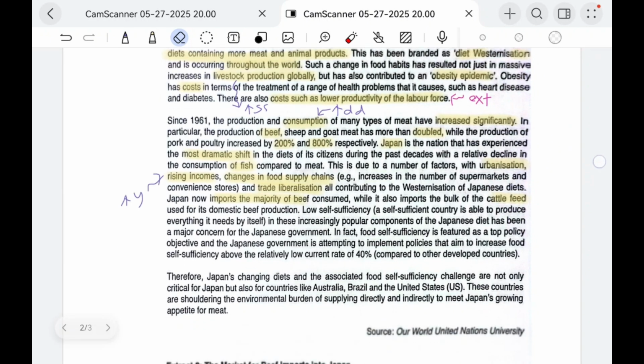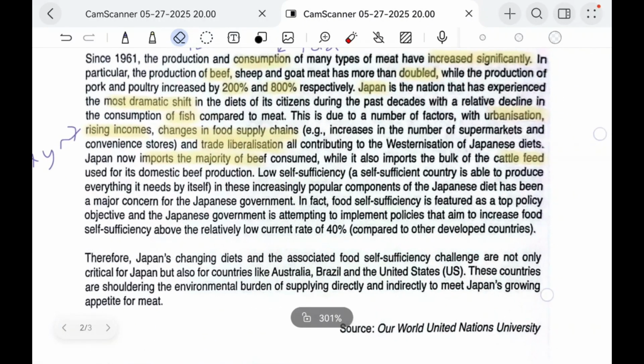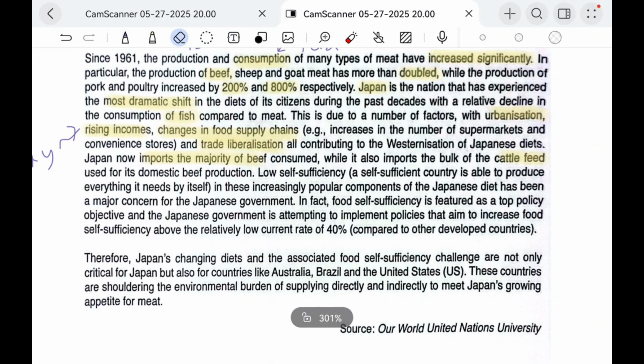Okay. Then the last paragraph: "Therefore, Japan's changing diets and the associated food sufficiency challenge is not only critical for Japan but also countries like Australia, Brazil, and US. These countries are shouldering the environmental burden of supplying directly and indirectly to meet Japan's growing appetite for meat."